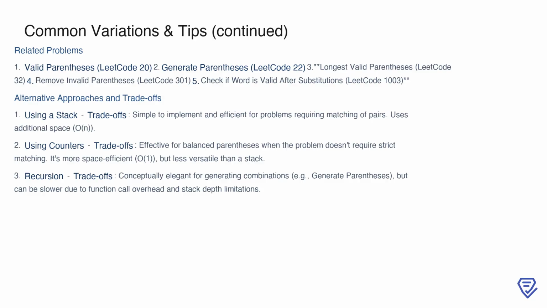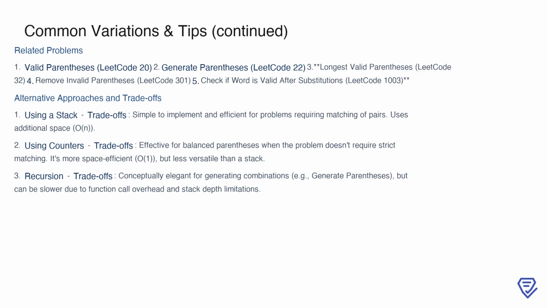Now, when it comes to approaches, using a stack is often the go-to method for parentheses problems. Stacks are straightforward to implement and work efficiently for matching pairs, but they do require additional space proportional to the input size, or O(n). Alternatively, for simpler problems that only require checking balance without strict matching, counters can be a great option.